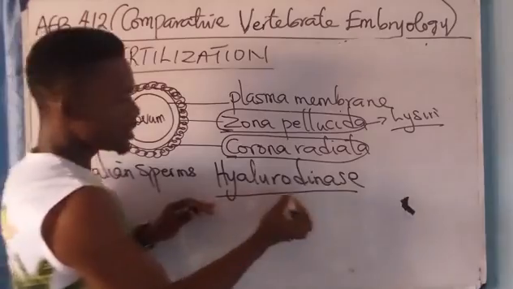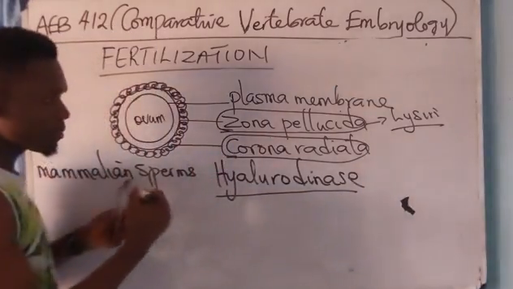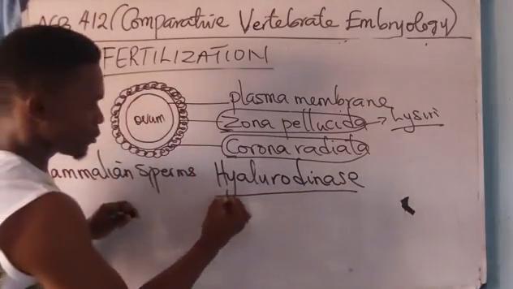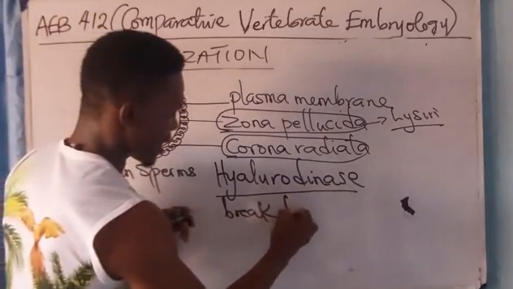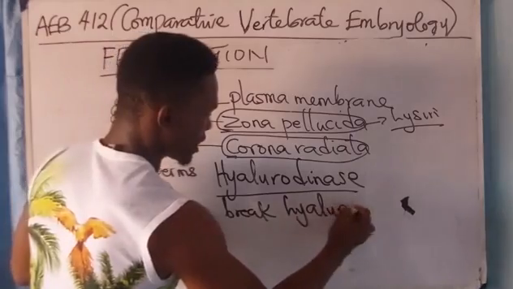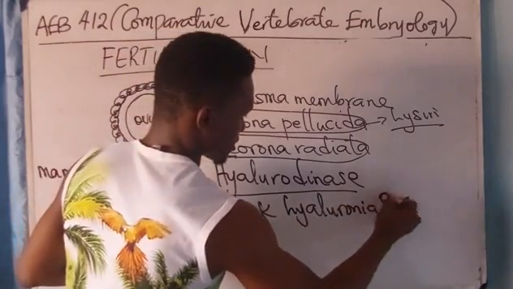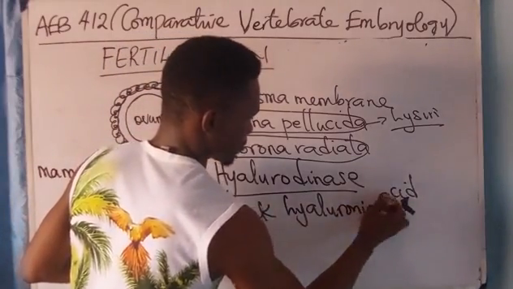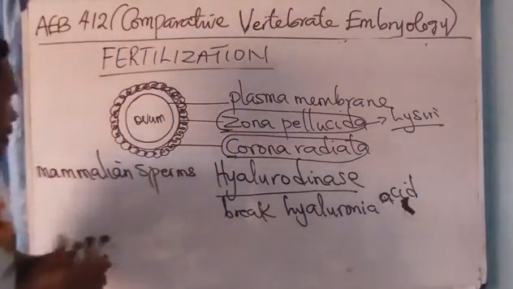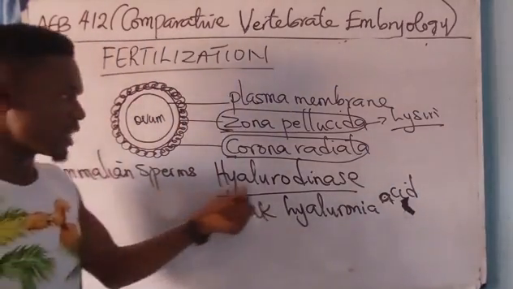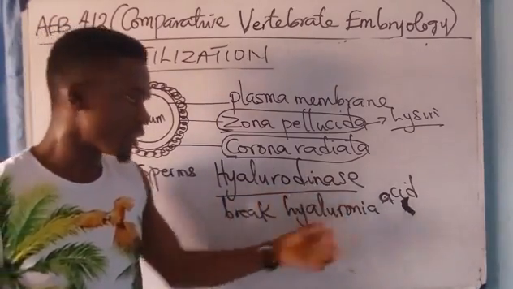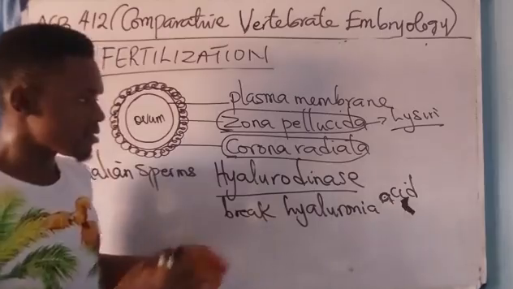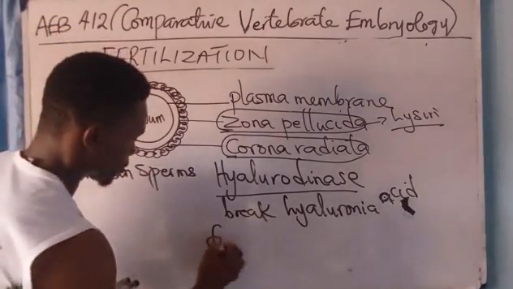Now, this hyaluronidase will now break the hyaluronic acid. Mammalian sperms produce what? Hyaluronidase. Now, this hyaluronidase will break or render weak the follicle cells.